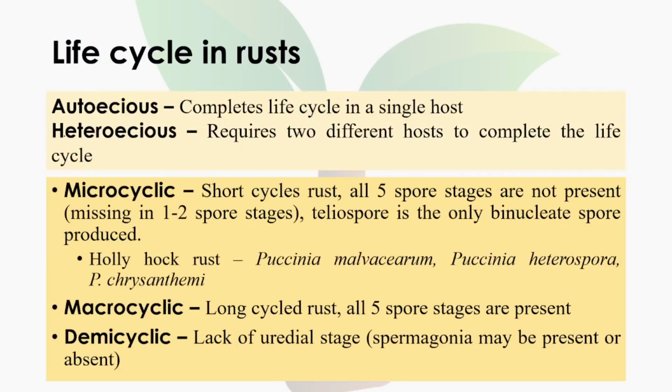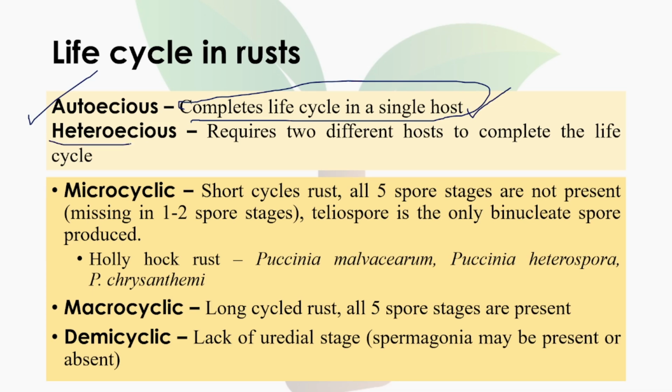Autoecious: auto means completing the life cycle in a single host. Generally, an autoecious life cycle means the entire life cycle can be completed in a single host. Hetero means different.